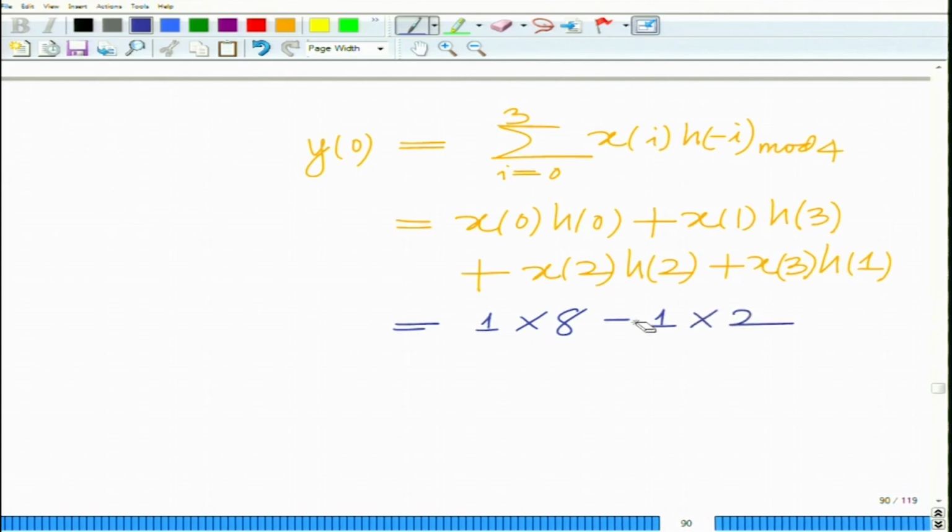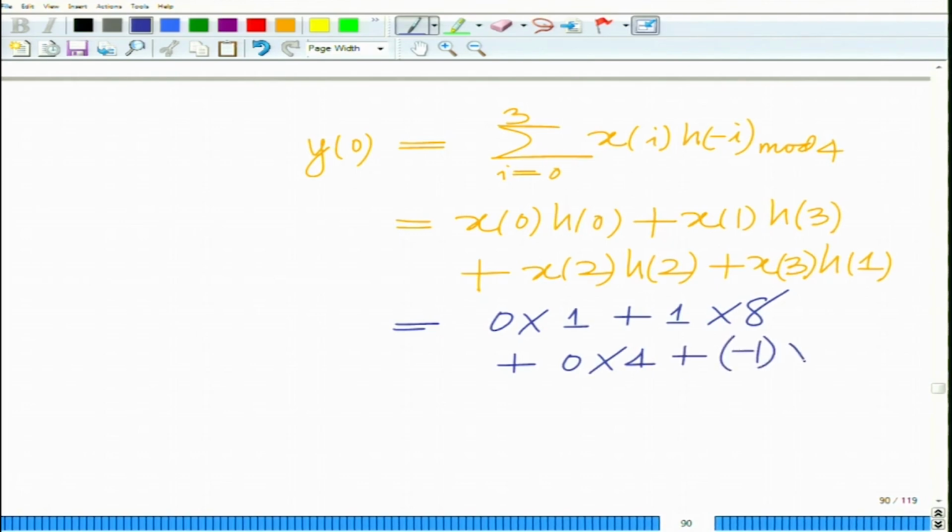Now let me write it a little more clearly. x of 0 is 0, so 0 into h of 0, which will be 1, plus x of 1 is 1 into h of 3, which will be 8, plus x of 2, which is 0, times h of 2, which is 4, plus x of 3, which is minus 1, into h of 1, which is 2. So that is 1 into 8 minus 1 into 2, which is equal to 6.